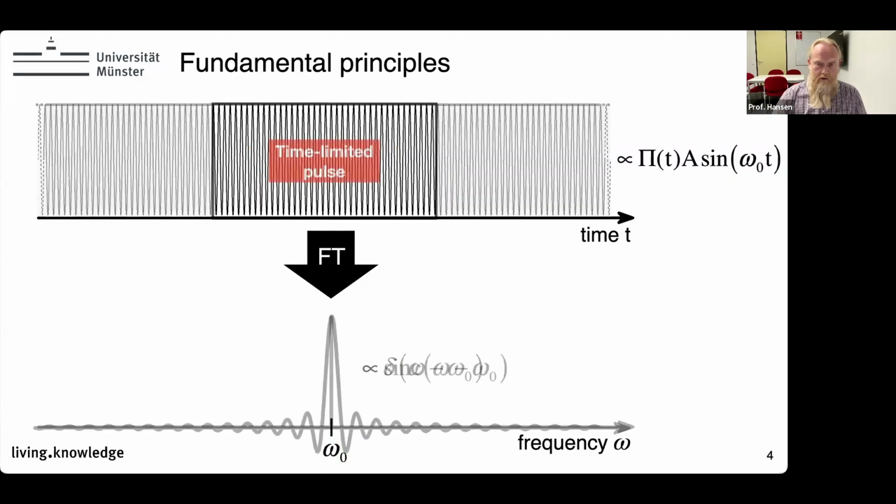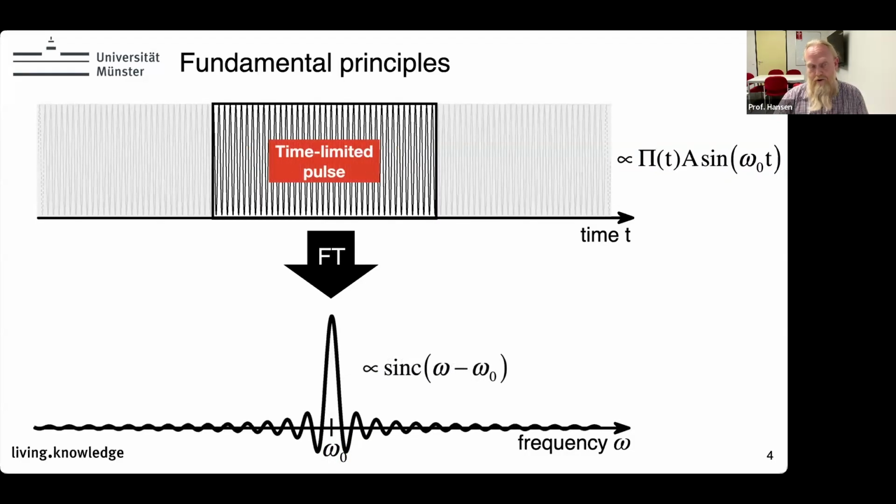What you can do, of course, is time limit the pulse, and then you are now in the pulse idea. We have a time-limited pulse of a certain length, which in this case looks like a square. If you do a Fourier transform of this, then you get this sinc profile.